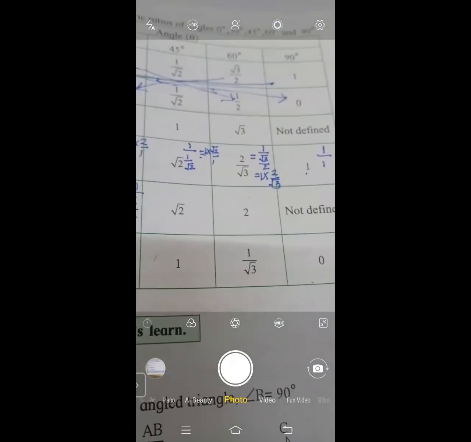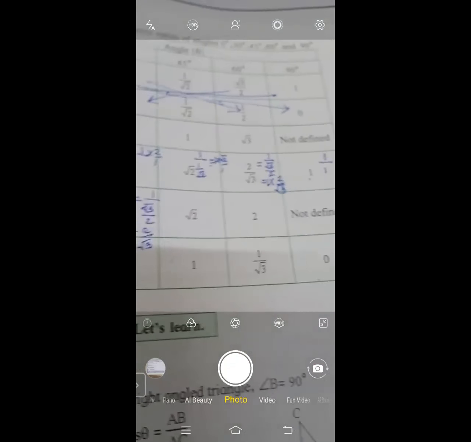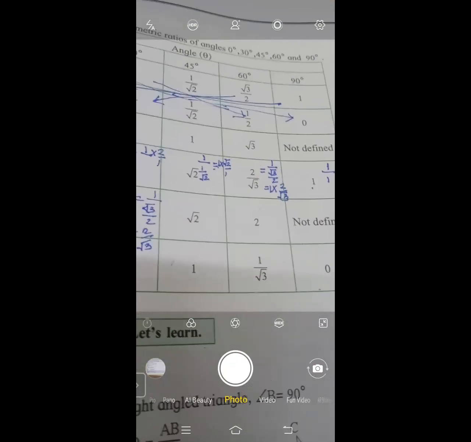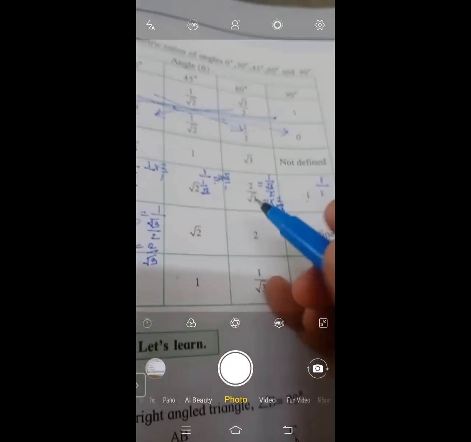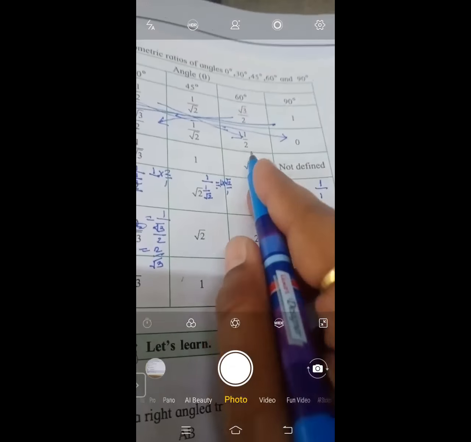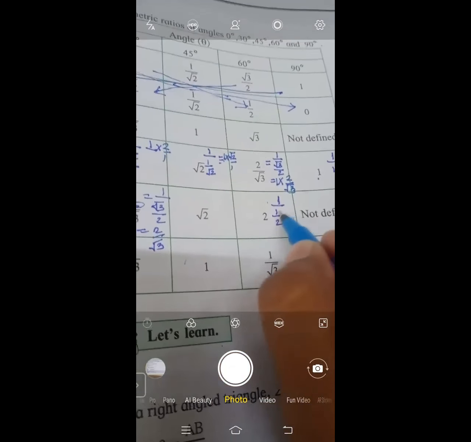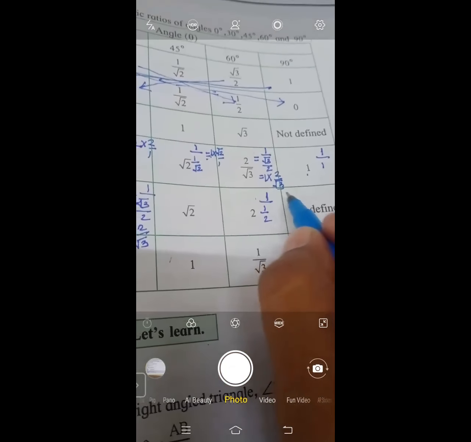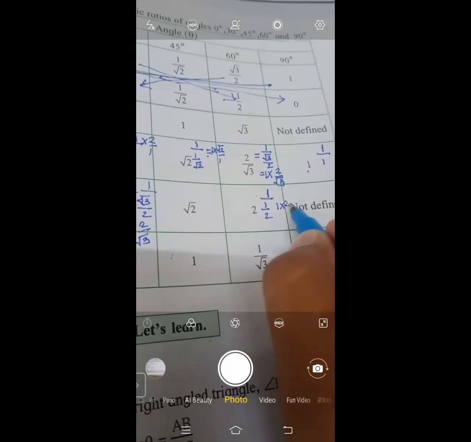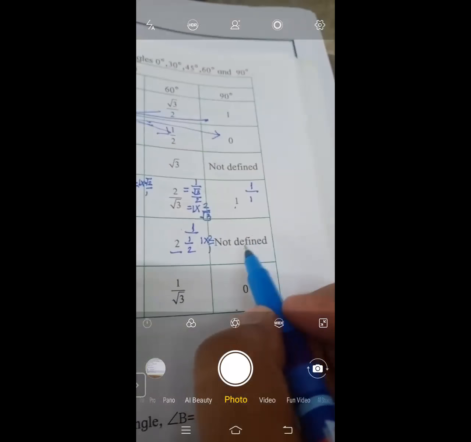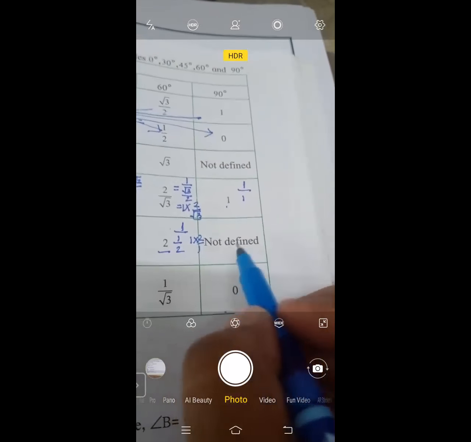After that, we will go for sec 60 degree. Sec 60 degree is equal to 1 upon cos 60 degree. Cos 60 is 1 upon 2. The reciprocal of the denominator is 1 into 2 upon 1. So it becomes 2.